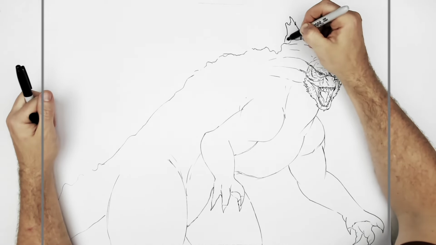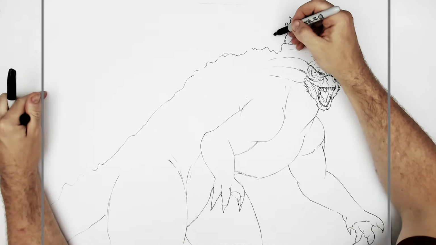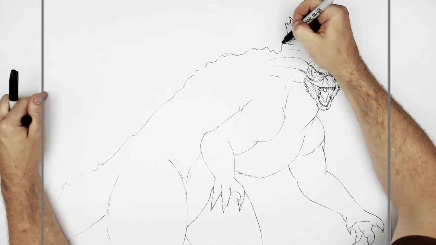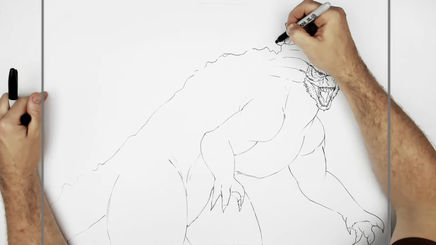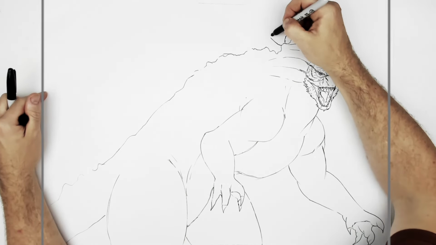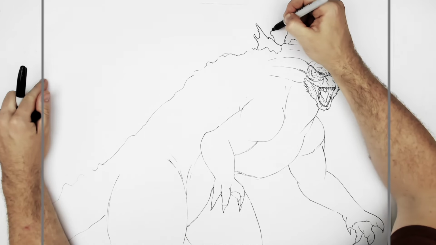These different shapes, right? It's like a big one coming out of the neck this way. And then another one in behind.